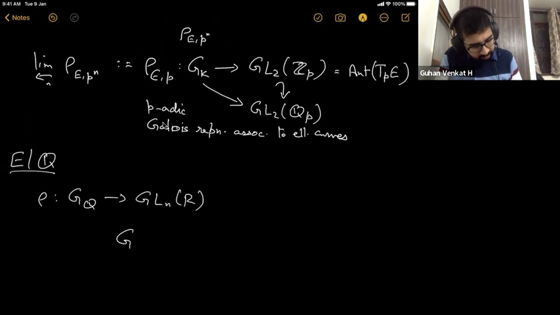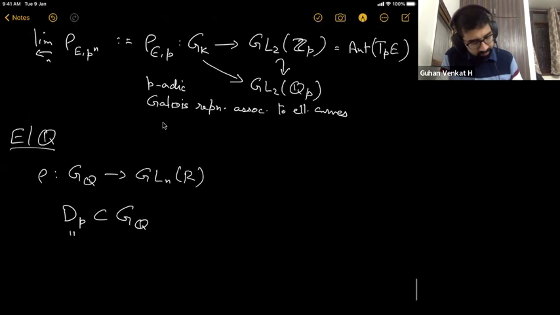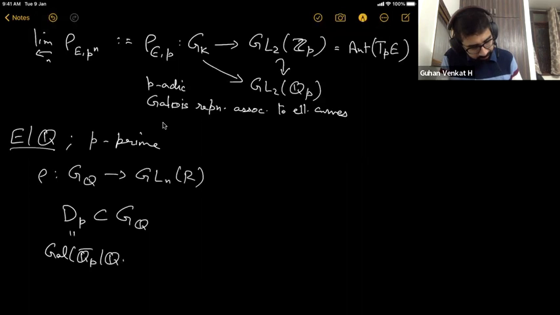All right. So under the absolute Galois group associated to Q, you have the decomposition group at say any prime p. So let me also fix a prime. So you know that this is the absolute Galois group of Q_p. And there's also the inertia group at p.